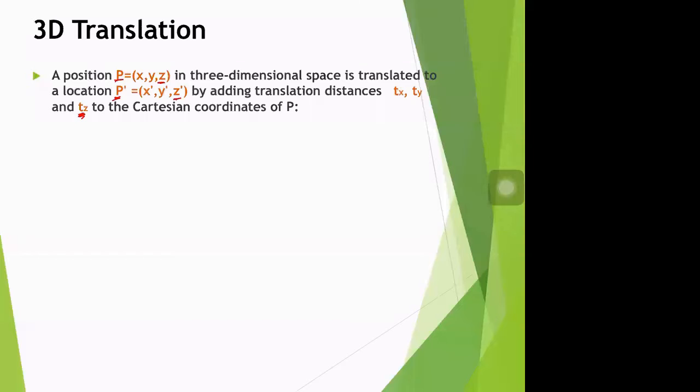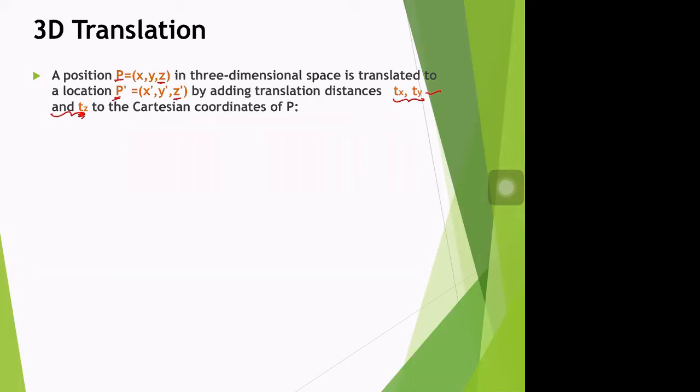So if P is equal to (X, Y, Z), then the new point P dash will be (X dash, Y dash, Z dash). The distance you have traversed, or the displacement as I call it, from P to P dash, we put in the terms Tx, Ty and Tz.